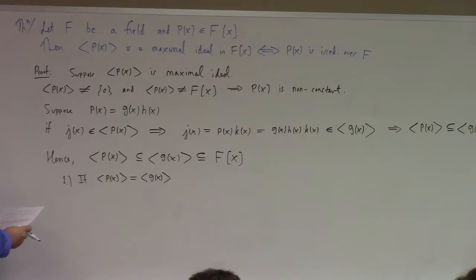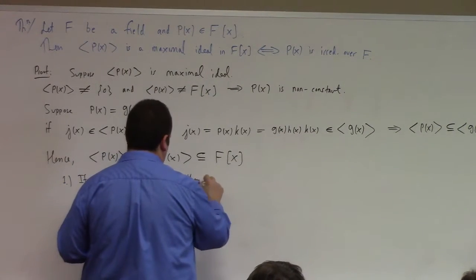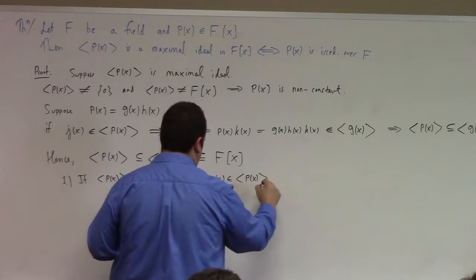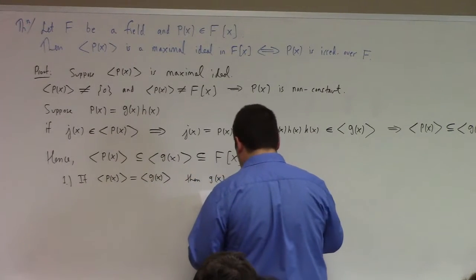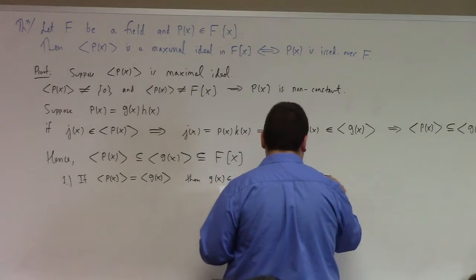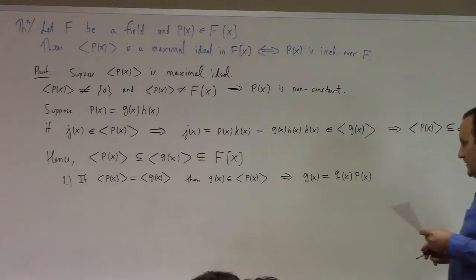Well, I don't think I can quite say that h(x) equals 1, but that's the right kind of idea. You would agree then I can say g(x) is an element of the ideal of p(x), right? So that implies that g(x) is equal to q(x) times p(x) for some q, right?